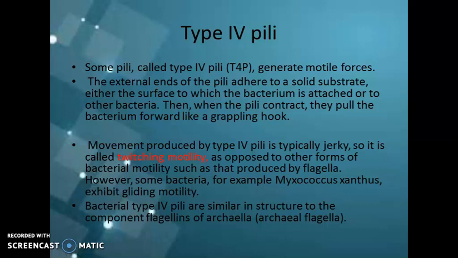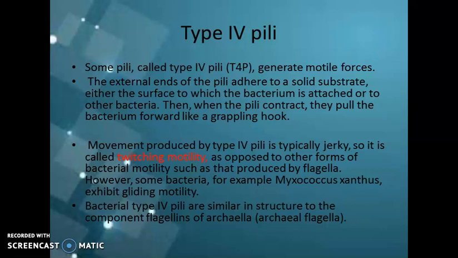The movement produced by type IV pili as a result of this contraction on contact with a surface is typically a jerky movement. This type of jerky movement is called twitching motility, as opposed to other forms of bacterial motility. It is quite different from other types of motility produced by flagella.